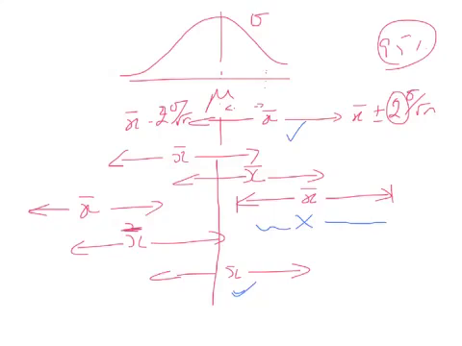Good. So what if I just randomly picked one of these intervals? And that's actually what happens to us when we take a random sample and we compute a confidence interval with it. If I happen to pick one of these intervals, then because I know 95 of them have the true population parameter in it, there's a 95% chance that the one that I selected has the true population parameter.